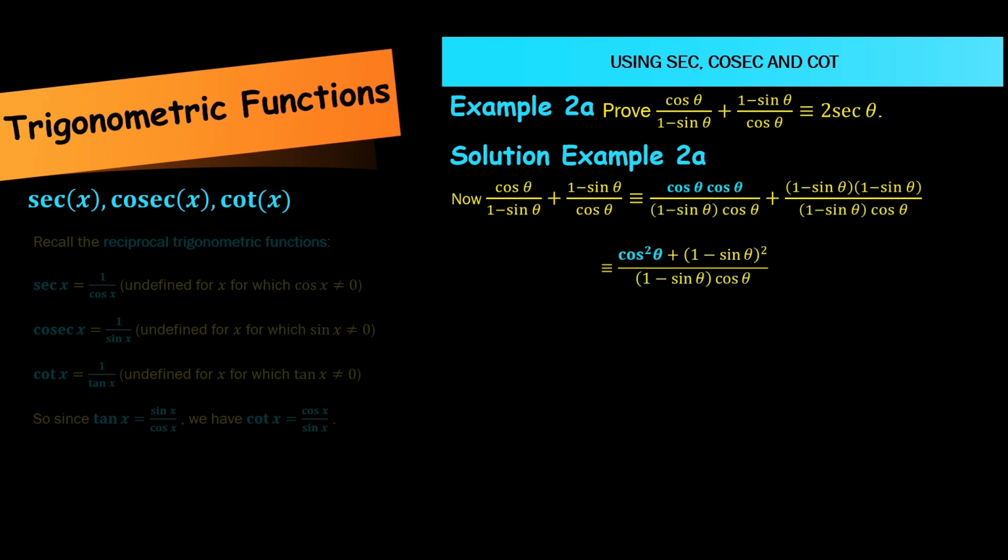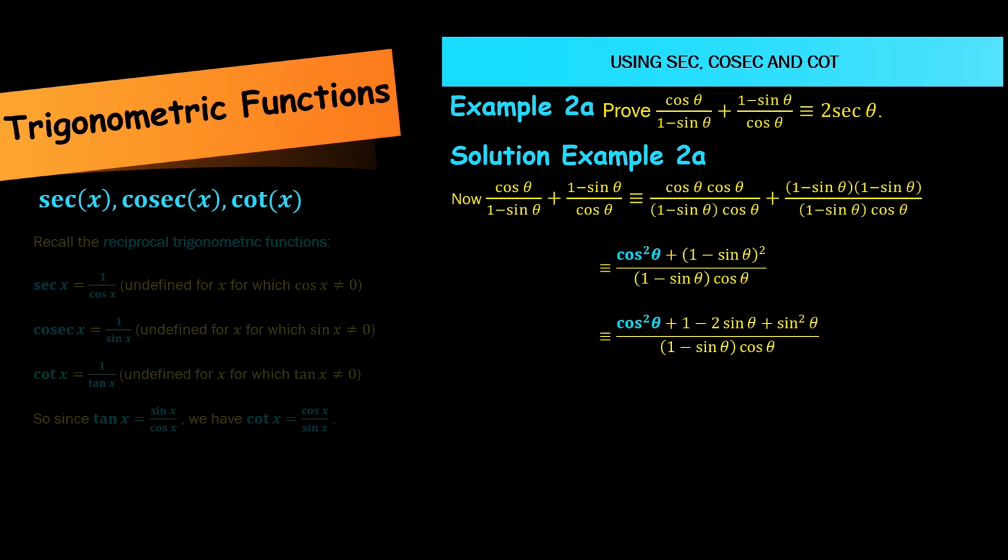And tidying up gives us cos squared theta plus 1 minus sine theta all squared. So we have cos squared theta plus 1 minus 2 sine theta plus sine squared theta over the same denominator.